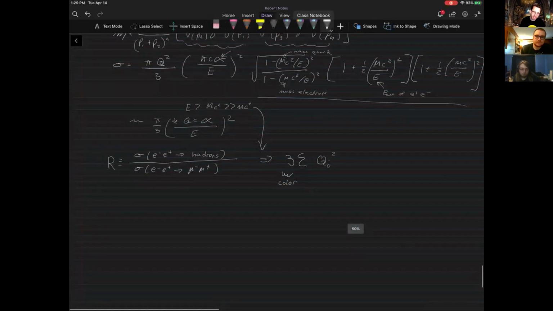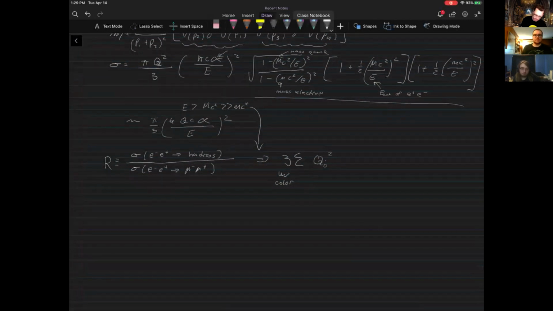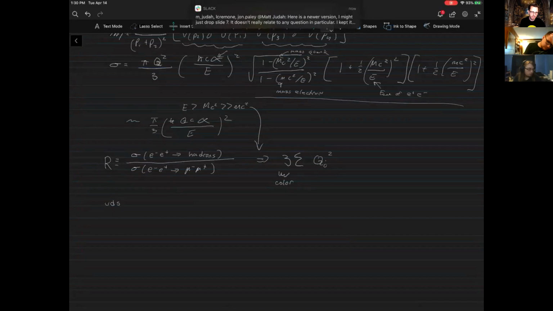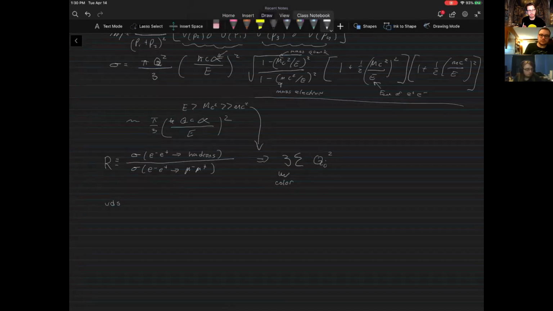So imagine I have enough energy in my beam that I can produce ups, downs, and strange quarks. Remember that the mass increases as I increase quark generation. So I can create up, down, or strange quarks in that process above, but I don't have enough energy to create charms or anything heavier than strange. What would I expect this cross-section ratio to be?